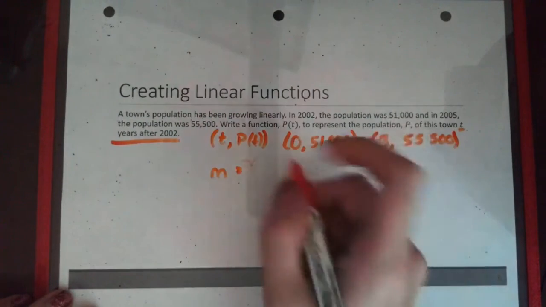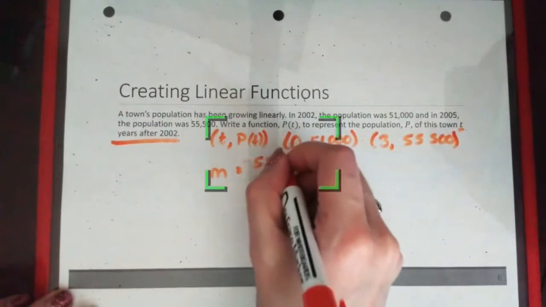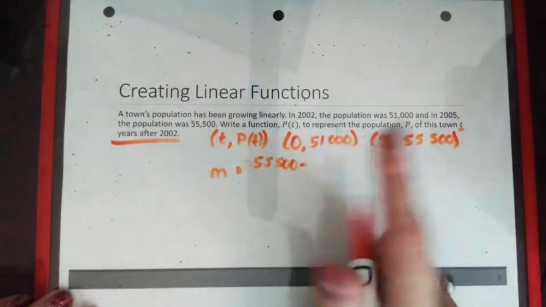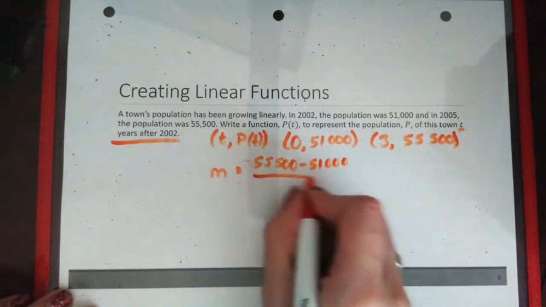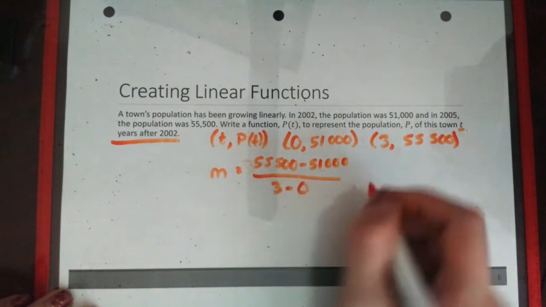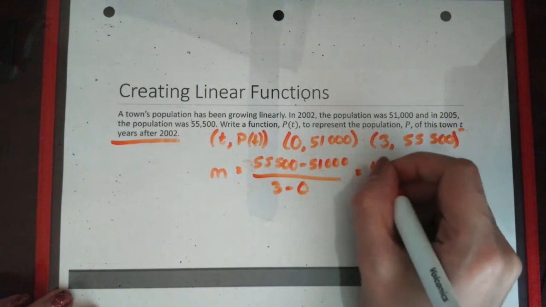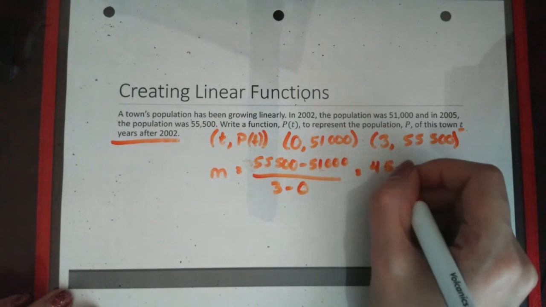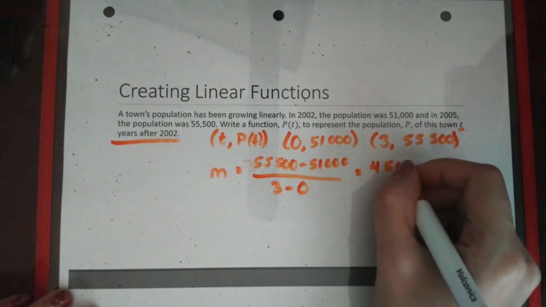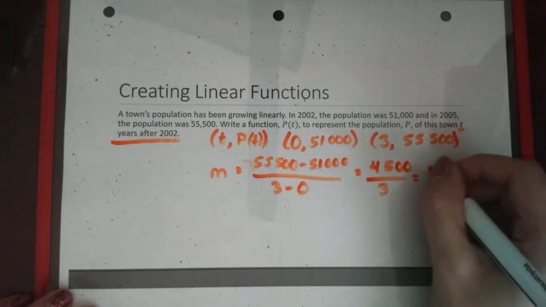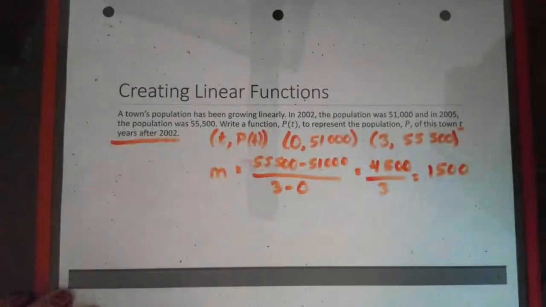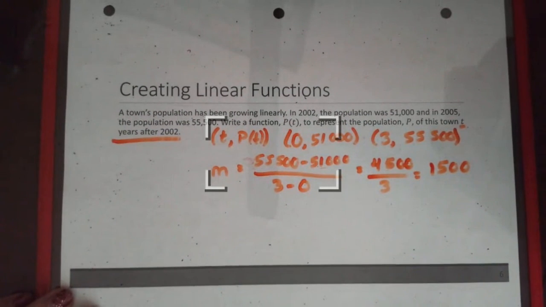That's going to be 55,500 minus the 51,000 divided by 3 minus 0. That gives us 4,500 divided by 3, which is 1,500. So our slope is 1,500.